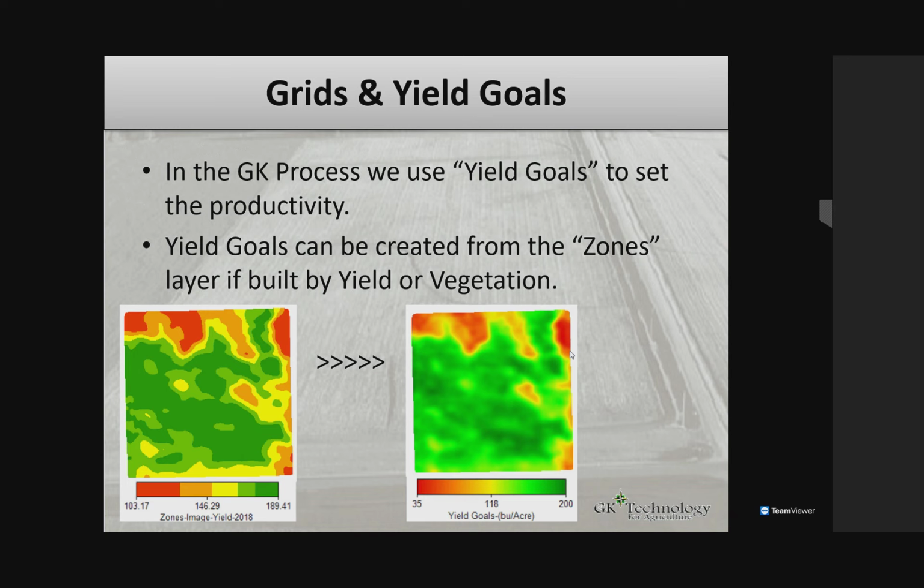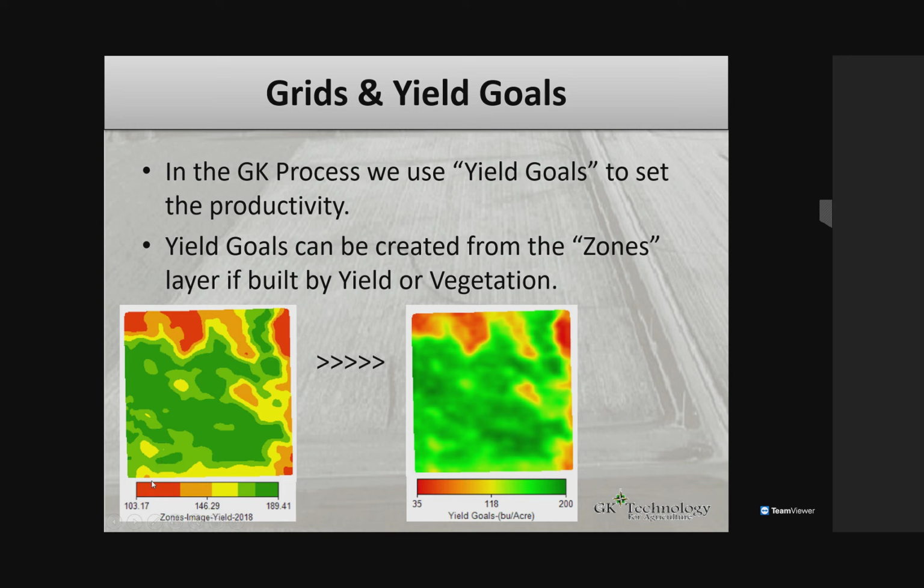So case in point, yield goals can be created from your management zones. Again, making the point, if you look at this map, this was our management zones that we built off of zones, and our yield from a bunch of zones in our yield from 2018 all merged together and made these management zones.